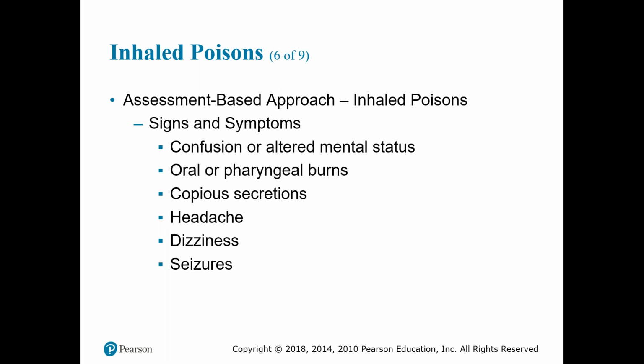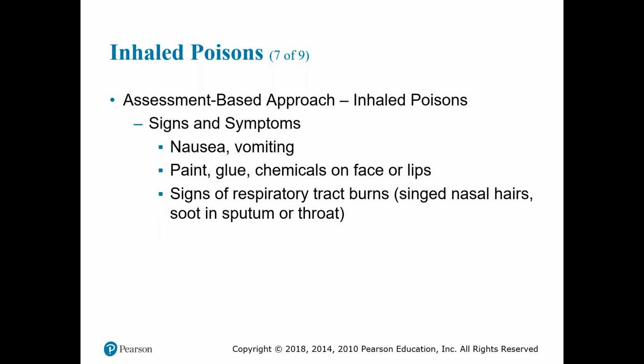And then very similar to our ingestion signs and symptoms, you can see headache, dizziness, heavy amount of secretions, and that actually relates back to our organophosphate poisonings. Oral, pharyngeal burns, seizures. Again, there is a laundry list of signs and symptoms that we could see depending on what the poison was actually introduced into the system.